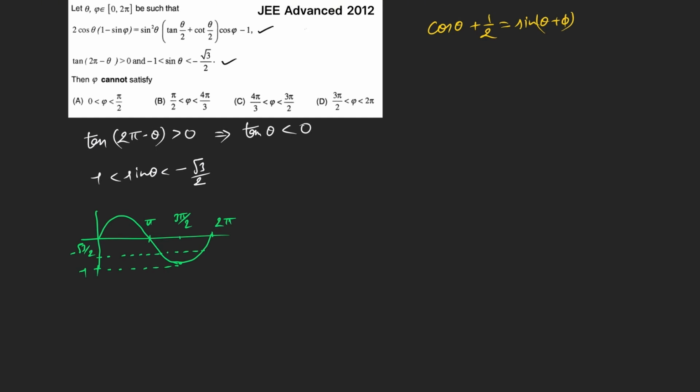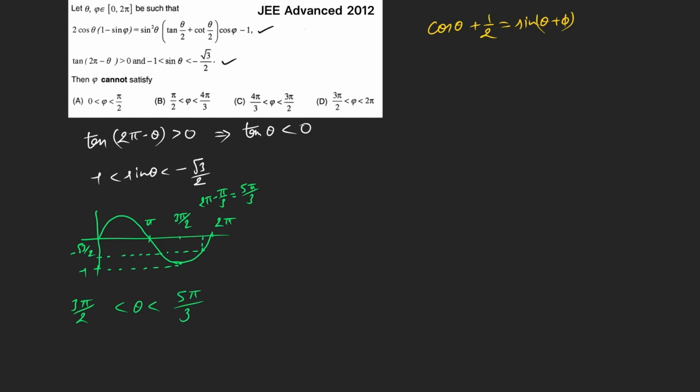And we can see that for theta less than 3 pi by 2, tan theta will be positive. Therefore, we have to only select this value. And this is 2 pi minus pi by 3, which is 5 pi by 3. Therefore, our theta is between 3 pi by 2 to 5 pi by 3.